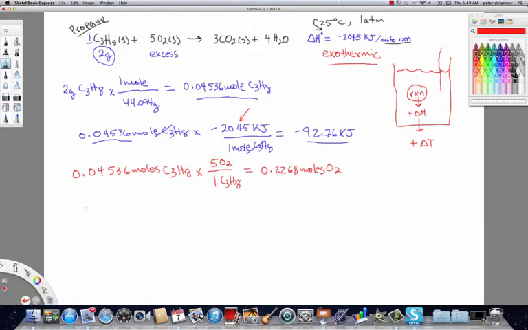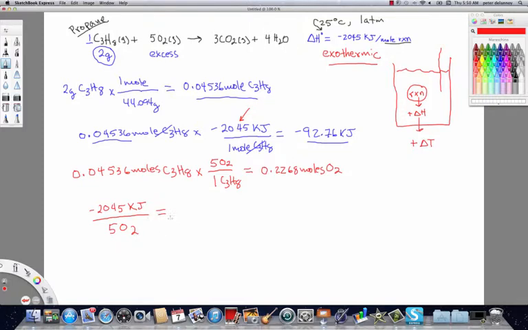So in other words, this number, minus 2,045 kilojoules, is per mole of each of the components of this reaction based on their stoichiometry, based on the ratio in which they appear in the balanced equation. So for oxygen, the amount of energy released is going to be minus 2,045 kilojoules per 5 moles of O2. Per 5 O2s.